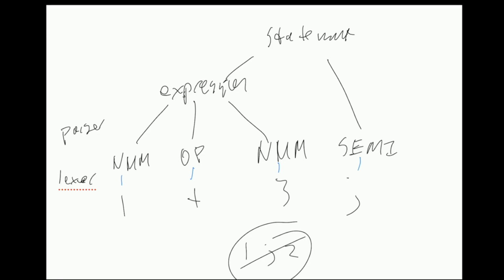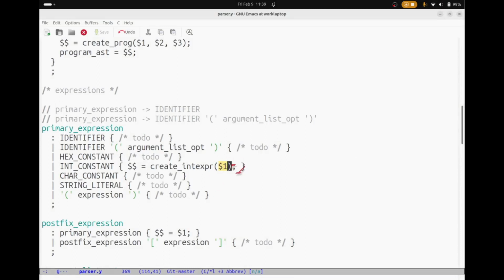In the formal world, they call this the token and this the lexeme. It's the name of the token versus the actual contents of the token. All this is doing is getting the actual value, the ASCII symbols, from the lexer.